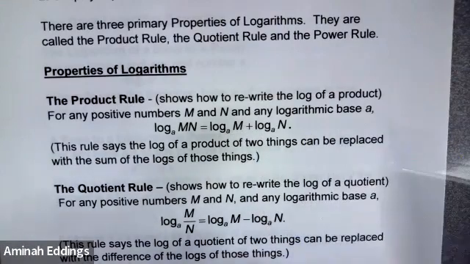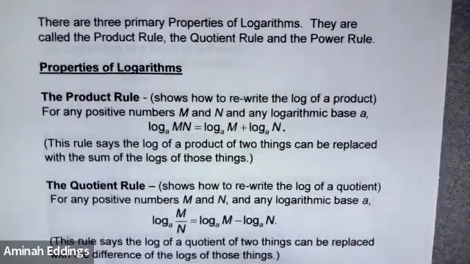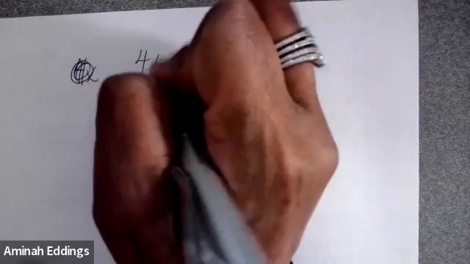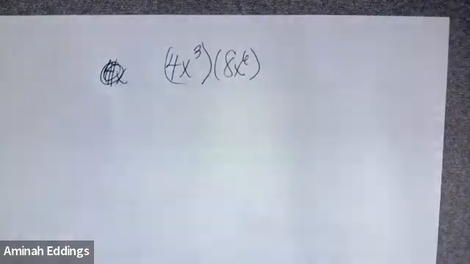Okay, so let's take a moment before we go any further and talk about our rules for exponents. When we are multiplying expressions that have exponents, for example, if I gave you 4x to the third times 8x to the sixth, what's our rule here?